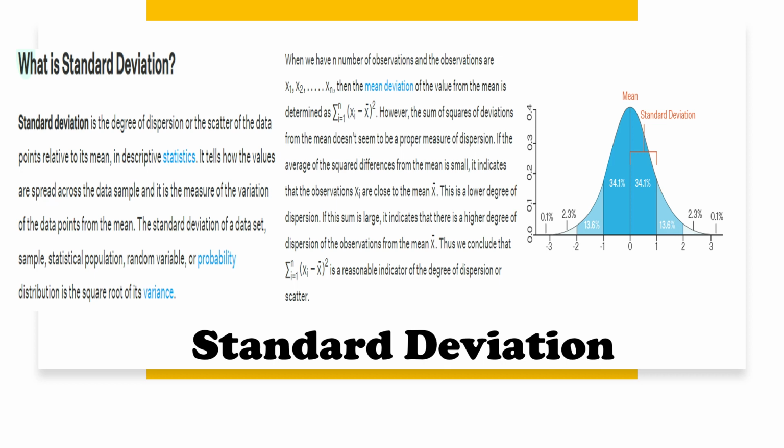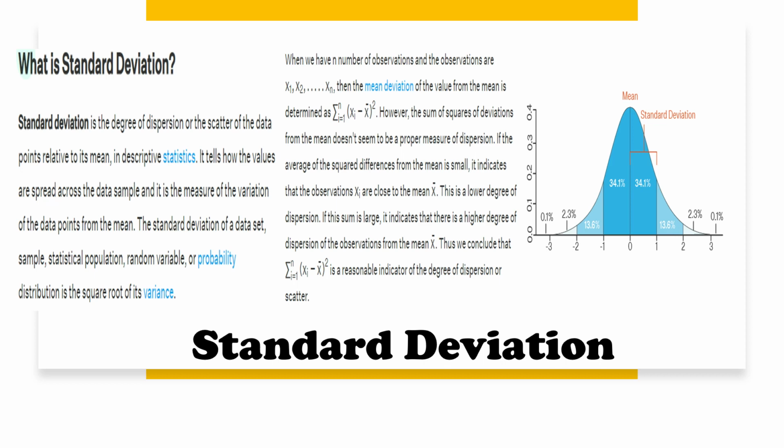Standard deviation has its own formula. When we have a number of observations, x1, x2, x3, and so on, the mean deviation of the values from the mean is determined as the summation of xi minus x, or the mean, and that's the square root.